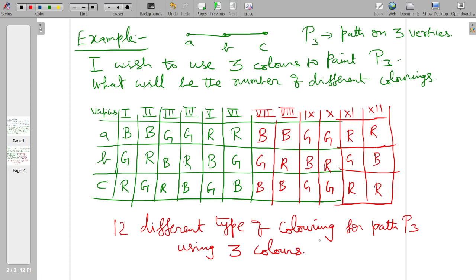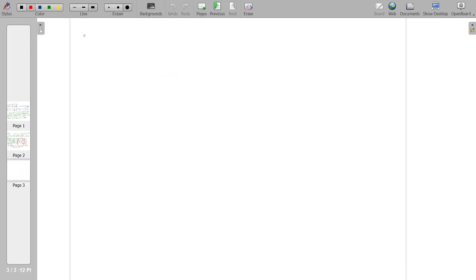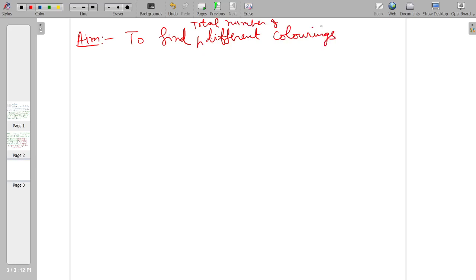Now our aim in this lecture is to find the total number of different colorings of a graph G, of a general graph G. That will be the aim of this particular lecture.